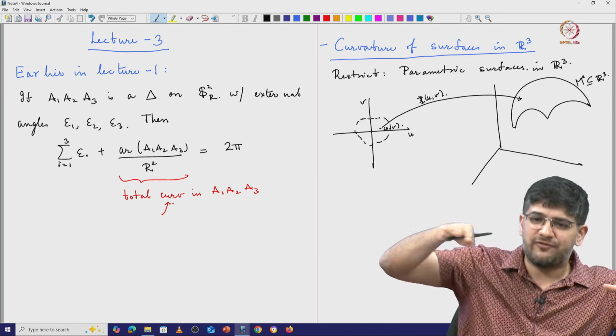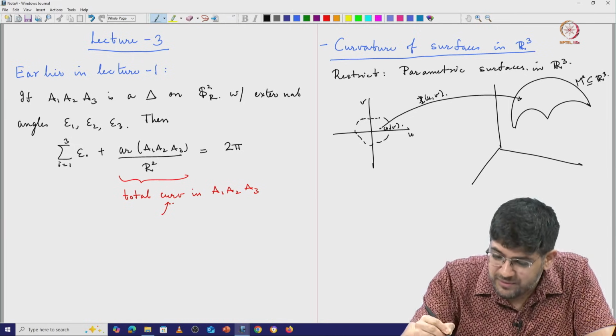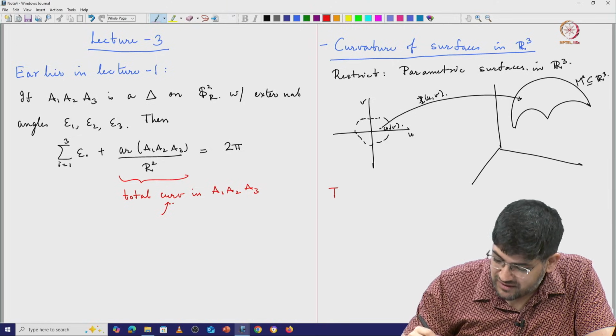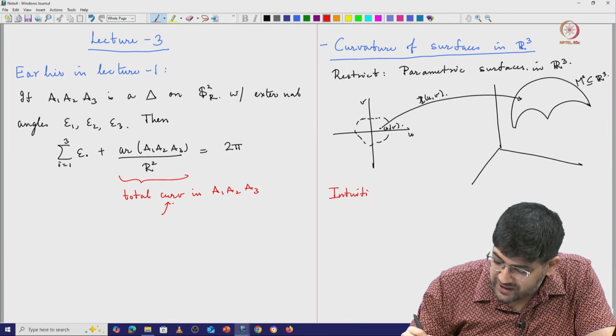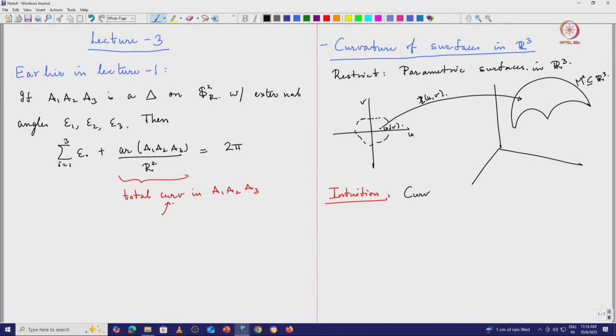No matter where you are on the plane, the unit normal vector will always remain the same. So the intuition should be that curvature essentially, or at least captures, the rate of change of the unit normal vector. Let us try to make this intuition more precise.